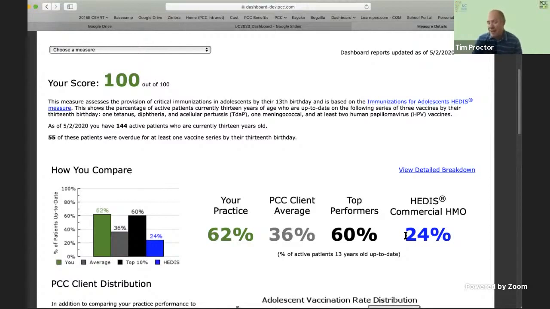There is a contraindication exclusion that is applicable. We don't have the contraindication for a vaccine built into this, but that should be pretty rare. There are a lot of patients that refuse vaccines. The answer is that we still include them as overdue if they've refused it. And we do that just for consistency's sake for measuring here.